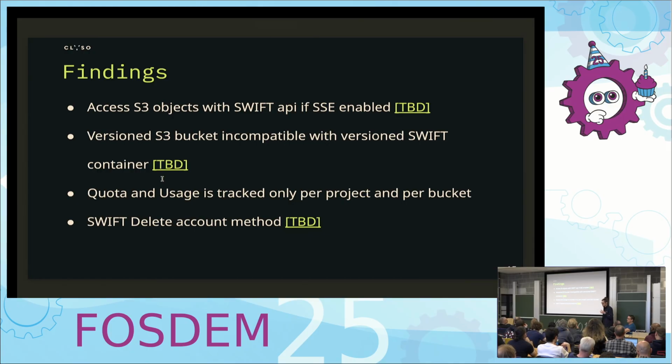The reason for that is that in RGW, the Swift and S3 implementations do not share the code too much, and they are a little bit different. And the goal of our project is actually to improve it and make Swift on par with S3 and work together better.